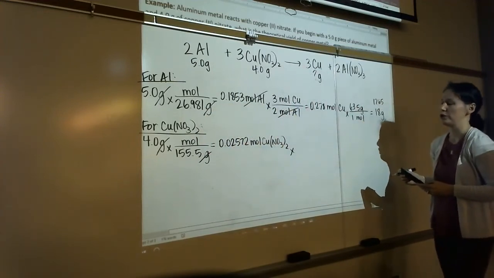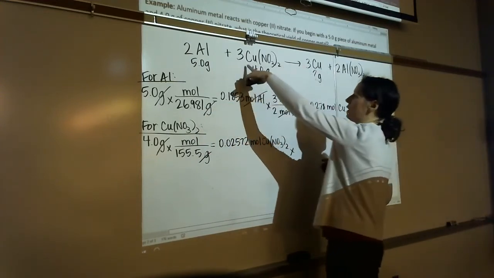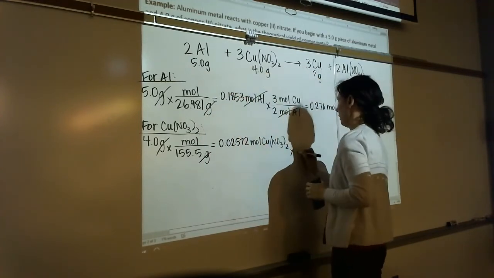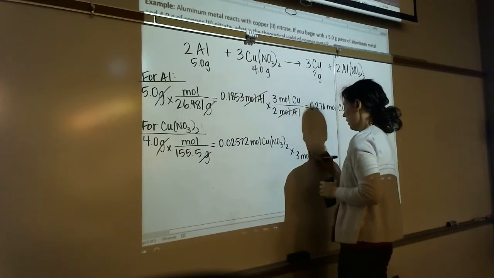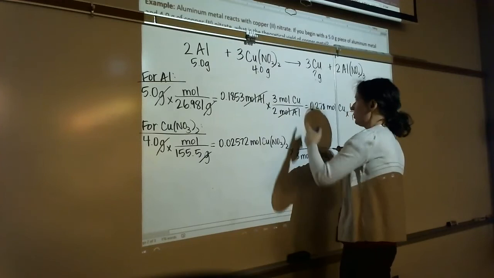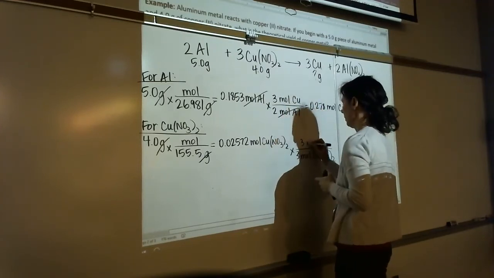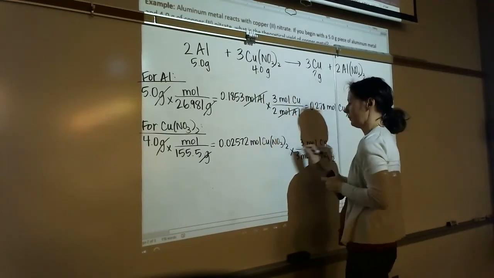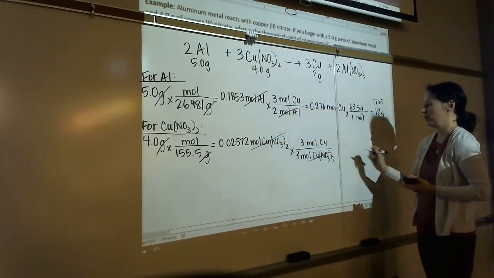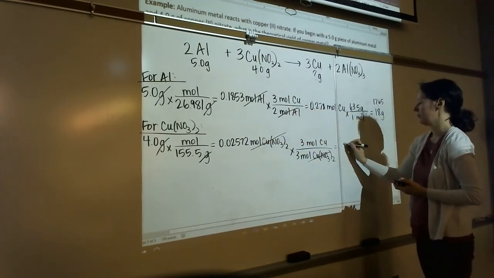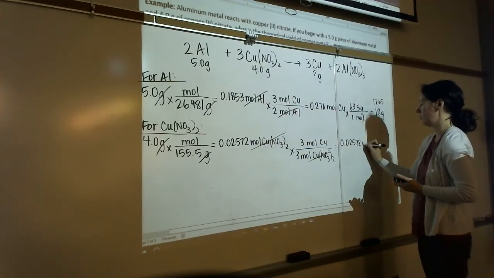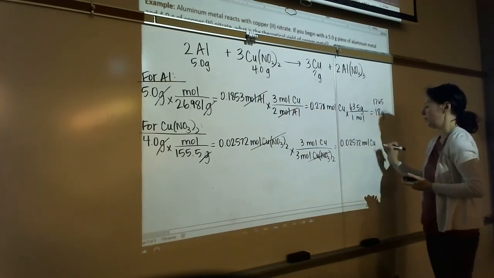Now let's do our mole ratio step. For every, this is a 3 to 3, which is the same thing as 1 to 1, right? 3 moles of CuNO3 2, I produce 3 moles of Cu. So here, my number doesn't change, just my units. So that gives me 0.02572 moles Cu, right?